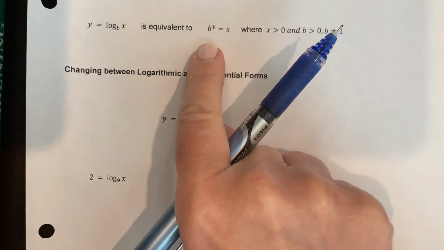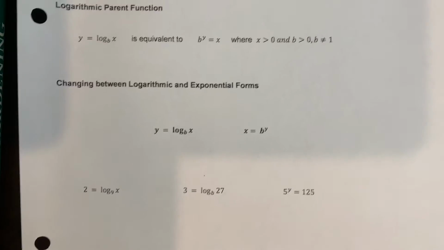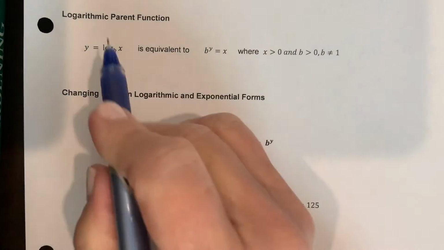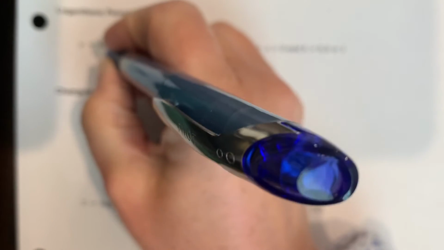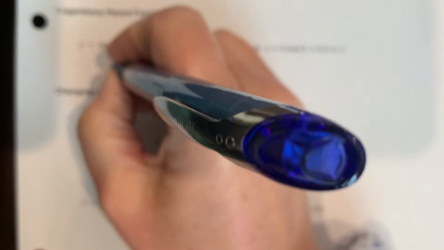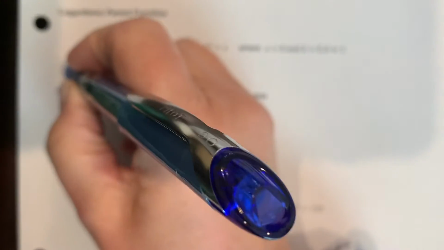So if your logs are inverses of each other, this is your base. This is the exponent.